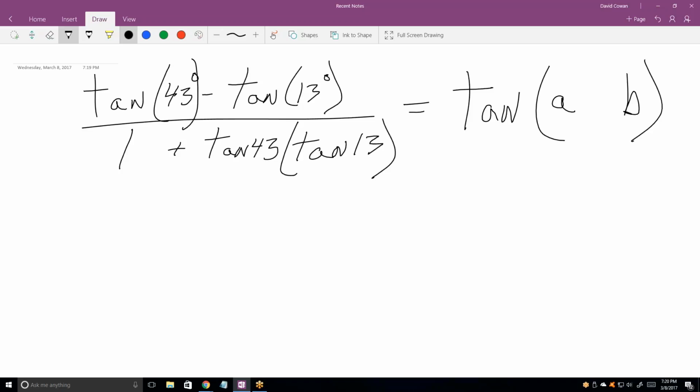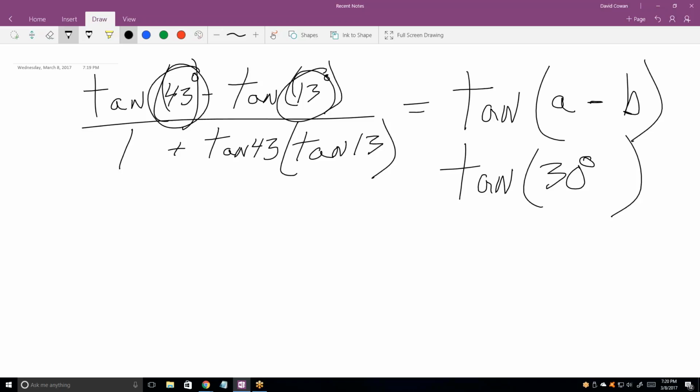It is minus because the top sign you keep. Correct. So it's the tangent of A minus B, which is tangent of 30. What's the exact value for tangent of 30? Tangent pi over 6.